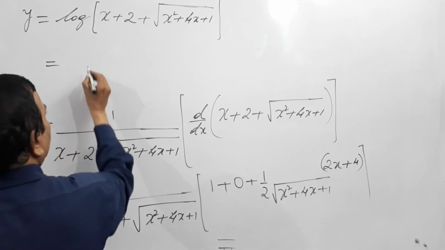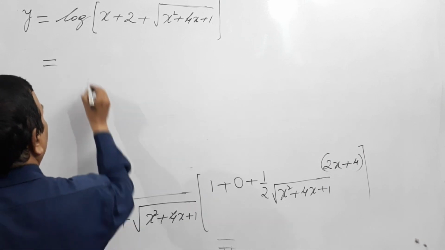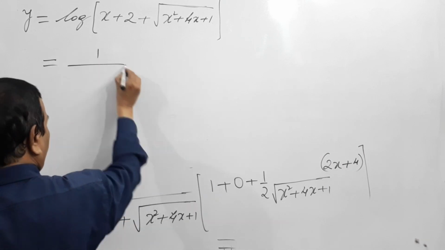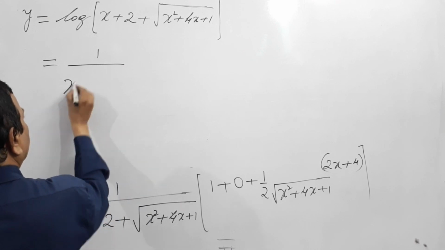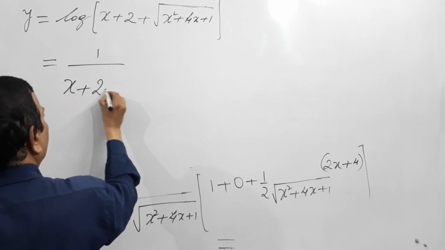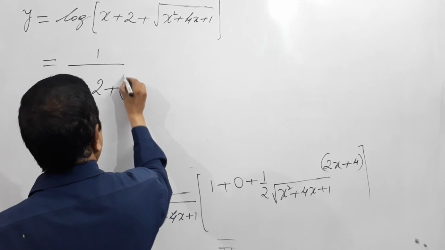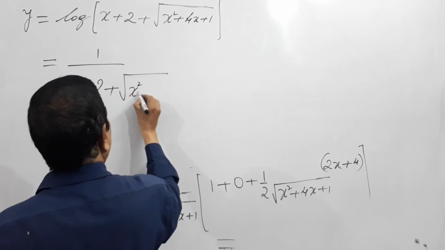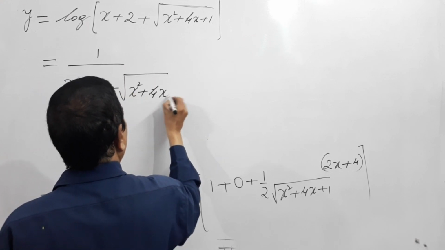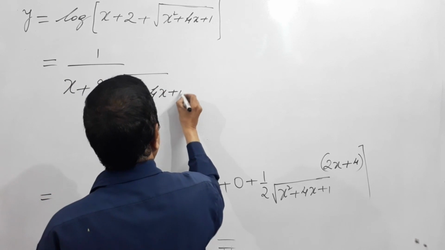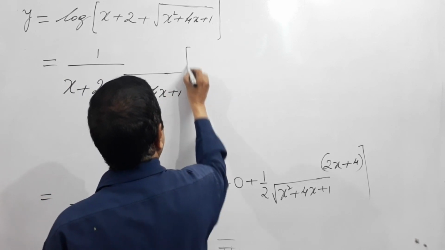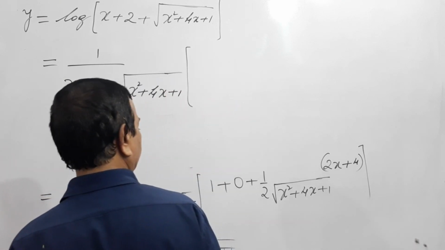That is equals to 1 by x plus 2 plus under the root x square plus 4x plus 1. So I'll use this.